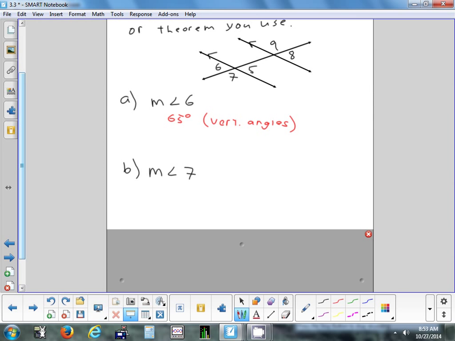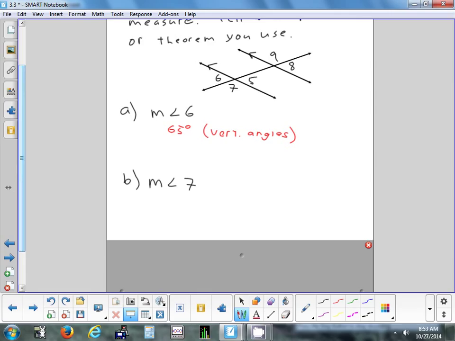Right, how about the measure of angle 7? The measure of angle 7 would be 115 degrees. And what would be your reason for that? Because 6 and 7 are linear pairs, and linear pairs are supplementary.